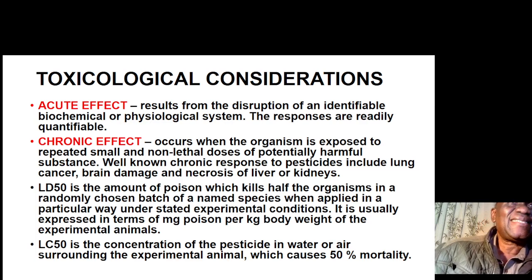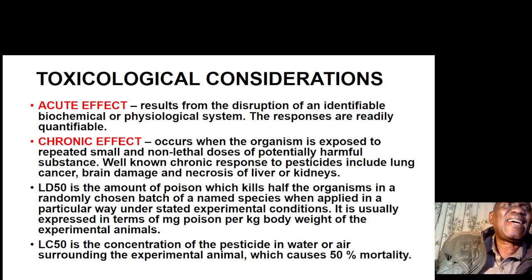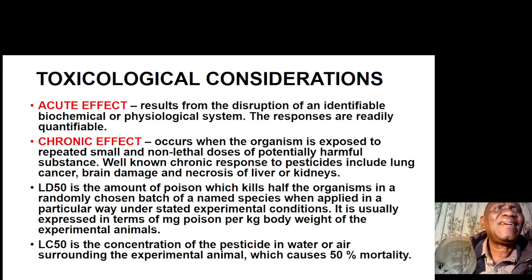Now, toxicological considerations during registration. Normally they look at acute toxicity, which results from the disruption of identifiable biochemical or physiological system. The responses are readily quantifiable. Chronic effects occur when the organism is exposed to repeated small and non-lethal doses, which we have actually talked about earlier on.